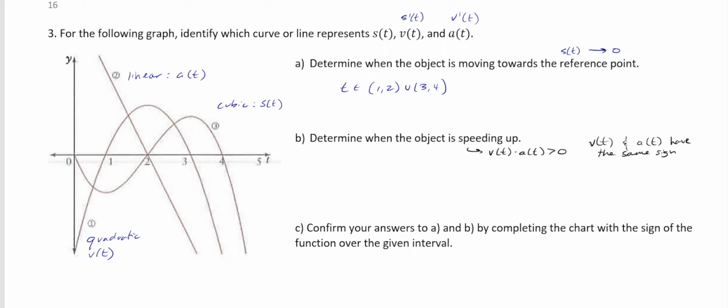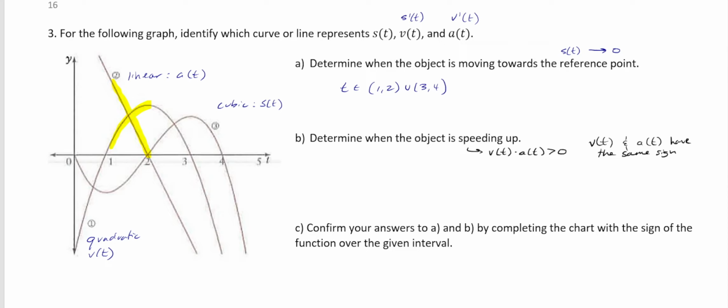So when we look at from 0 to 1, quadratic function is negative, linear function is positive. That doesn't work. When we look from 1 to 2, the velocity function is positive, and the linear function is also positive. So in this case, quadratic function, V at t, and linear function have the same sign.